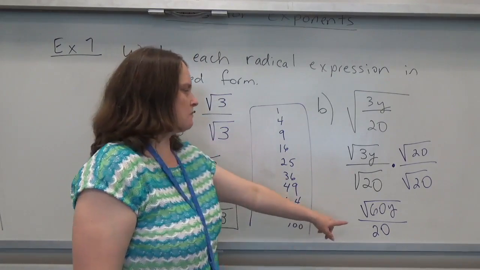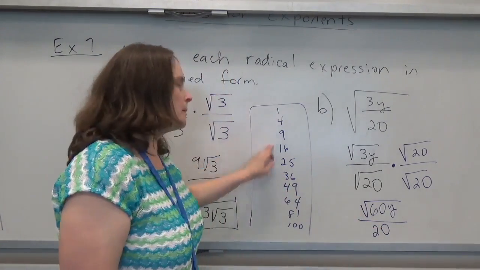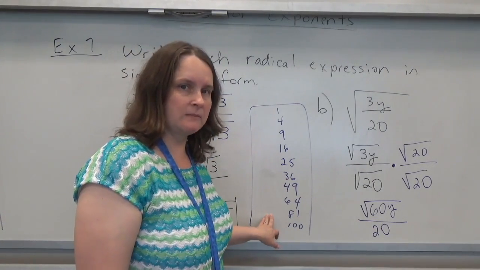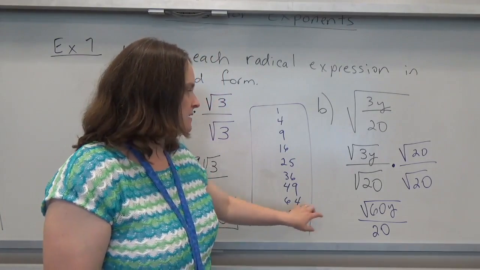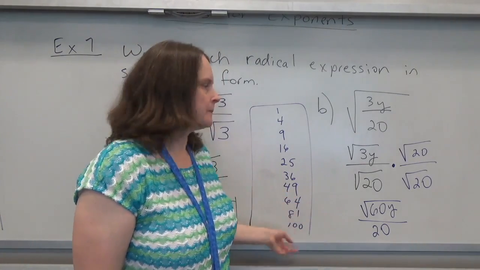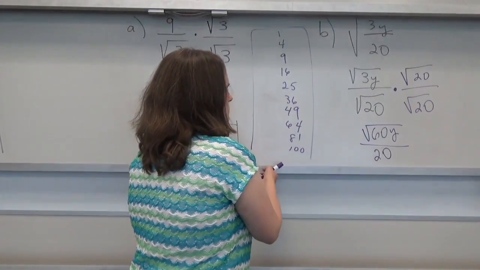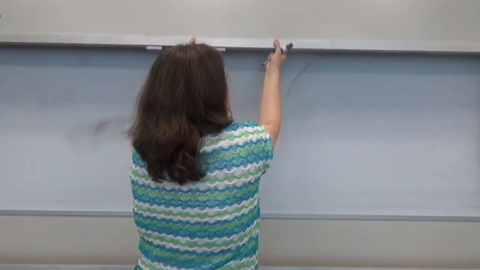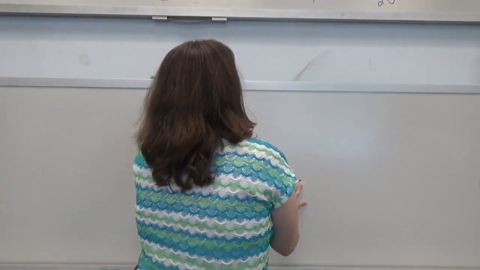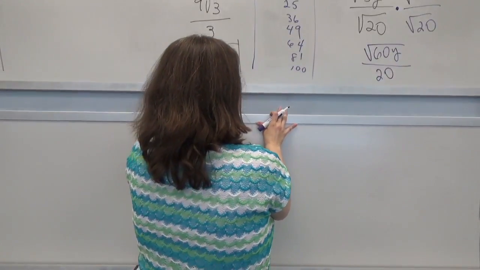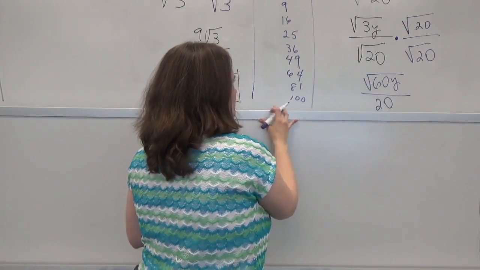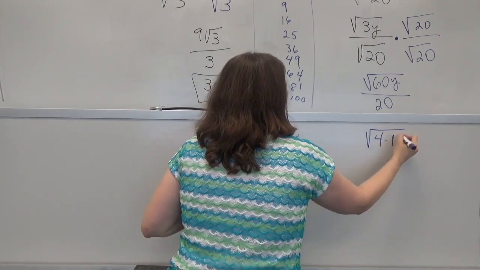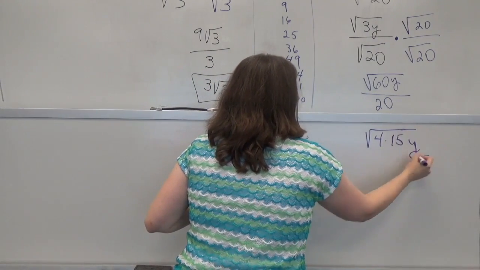Is there a way that I can write 60 as one of these numbers times something? Well, yes, there is. 60 is 4 times 15. So let's write that as the square root of 4 times 15y over 20.